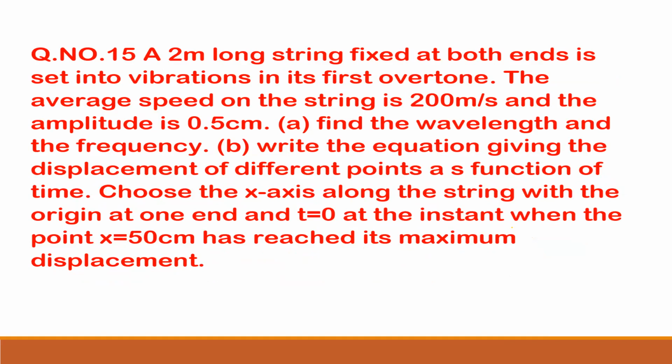Write the equation giving the displacement of different points as a function of time. Choose x-axis along the string with origin at one end and t equal to 0 at the instant when the point x equal to 50 has reached its maximum displacement.